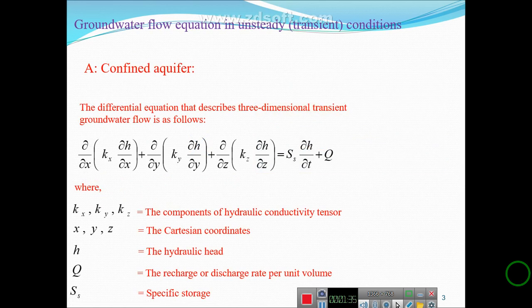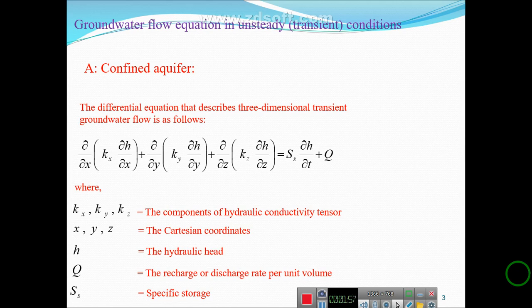Guys, as you know, the Laplace's equation or the Poisson's equation is used under steady state condition to govern groundwater flow in a homogeneous and isotropic aquifer system.